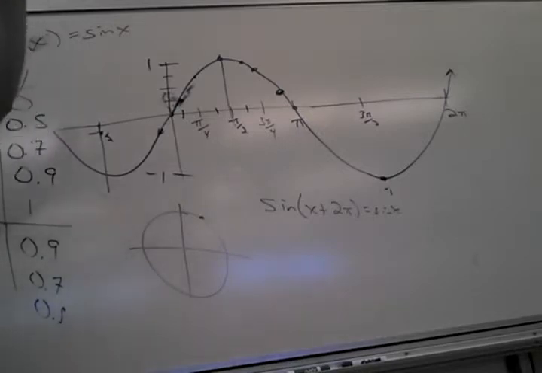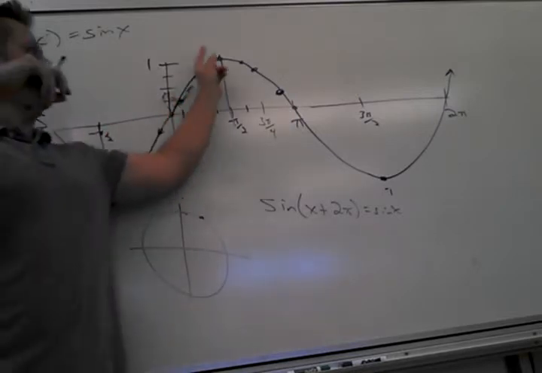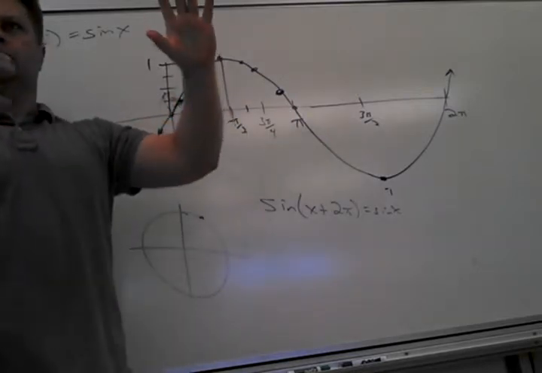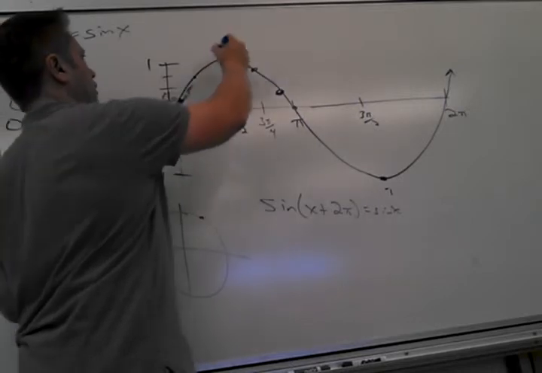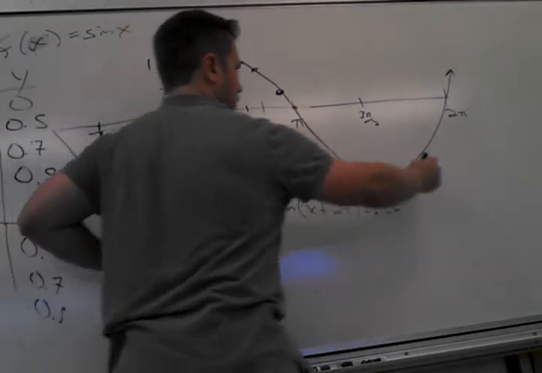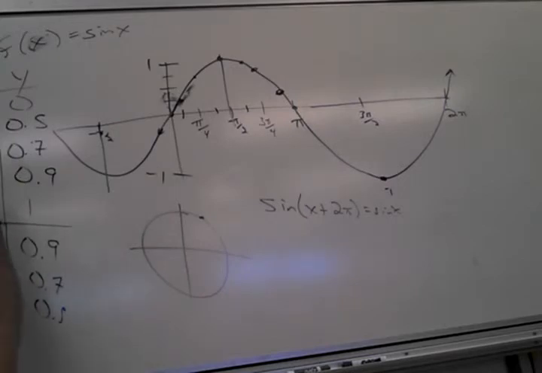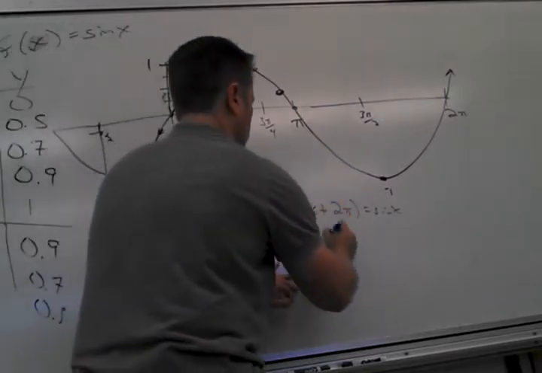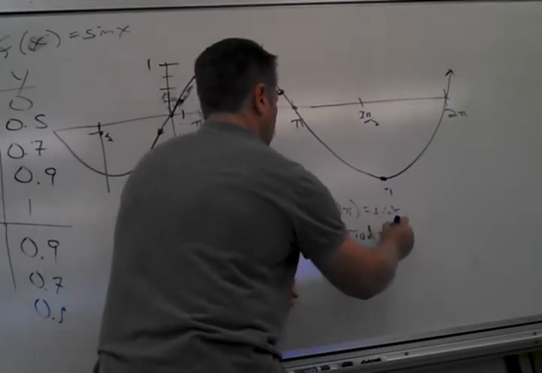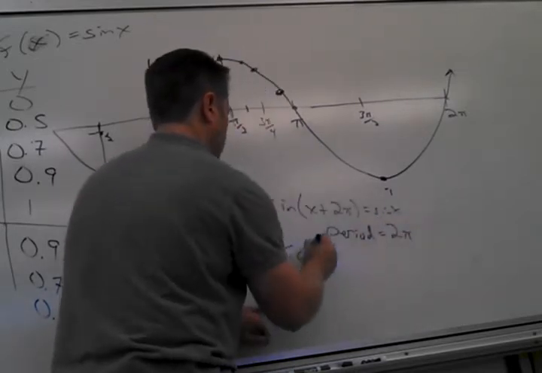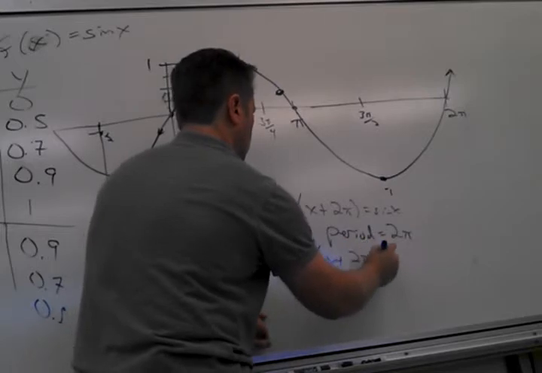That's the periodicity of this thing. So we say that the period of sine and cosine is 2 pi. Because that's how long it takes to go through all the possible outputs. So all the possible outputs would start at 0, get all the positive ones, all the negative ones. So it takes a full 2 pi to go through all that. Exactly. So the period here for sine and cosine is 2 pi.